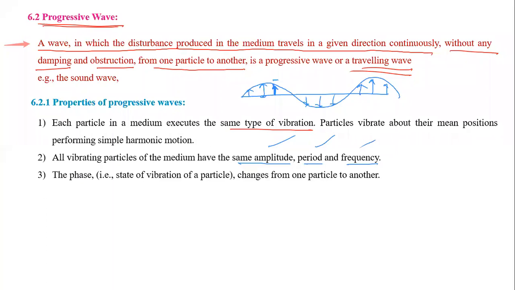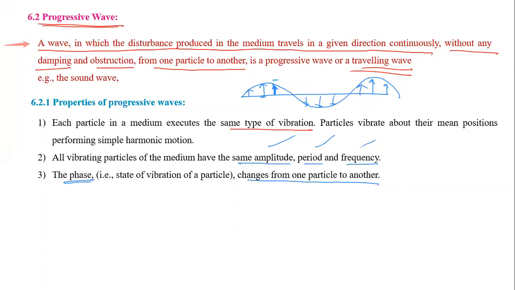Next one is the phase. Phase changes from one particle to another particle. Phase means state of vibration. The state of vibration is different for every particle, and the state of vibration is called phase. So phase is different for different particles.